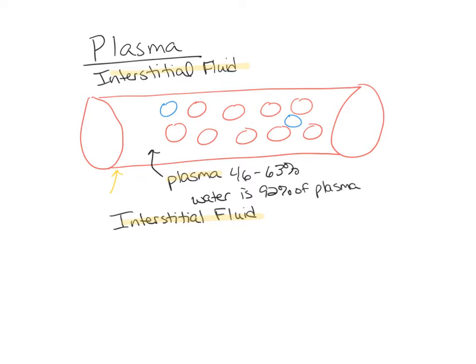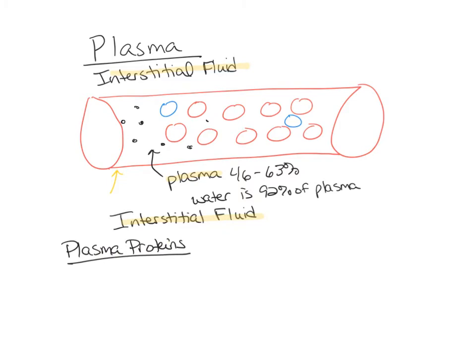The main difference between the interstitial fluid and the plasma is the difference in concentrations of dissolved proteins and respiratory gases. The proteins that float around in the plasma are called plasma proteins.